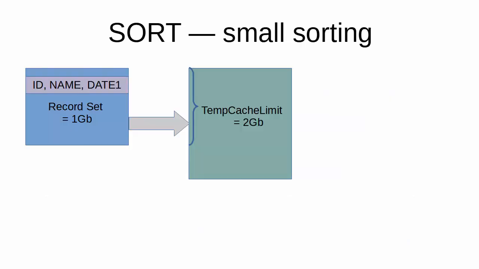If we have a query like ID, name, date with a specified list of columns, it will generate, let's say, a record set of 1 gigabyte, pretty large. And this record set will fit into the temp cache limit. For example, on 2.5 the temp cache limit is 2 gigabytes, and yes, we are inside the limit. All operations are performed in memory in the fast way.